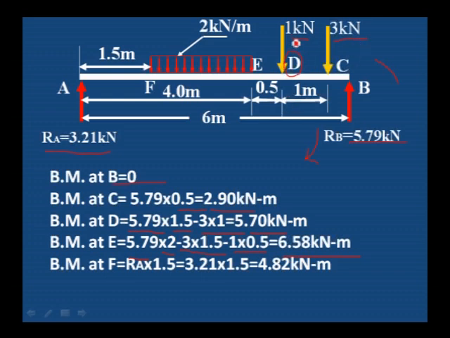We have to take the moment of all the 1 kilonewton, 3 kilonewton as well as the UDL load about F, or we can take the moment from RA into distance. RA into distance is 3.21 into 1.5, that is equal to 4.82 kilonewton meter, the bending moment at F. Bending moment at A is equal to 0.